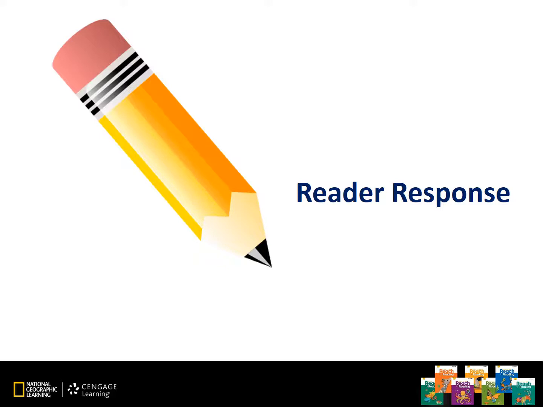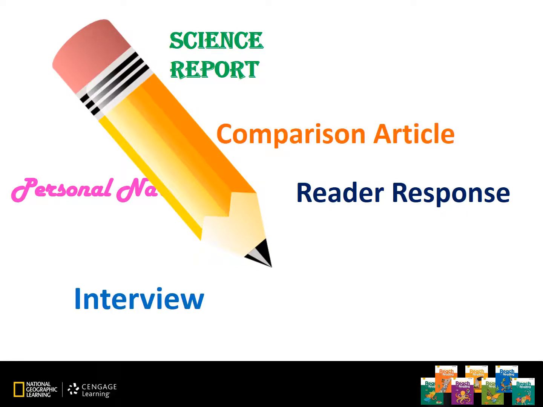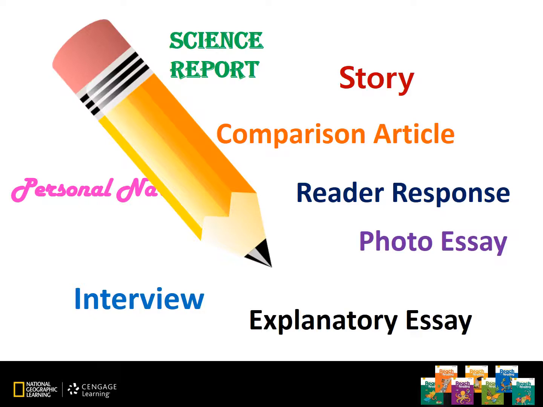All 3 writing strands are included in Reach for Reading writing projects: narrative, informational, and argumentative. Every unit has a writing project with a different focus in order to expose students to multiple styles of writing.